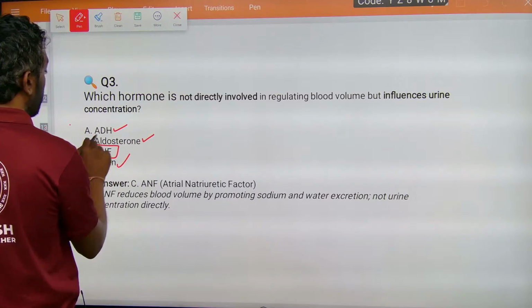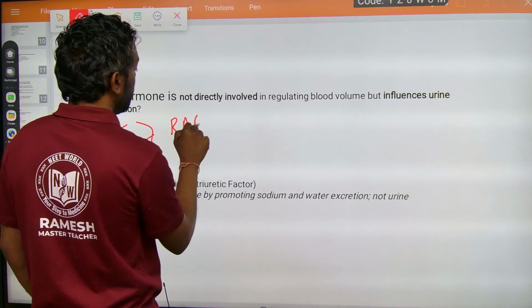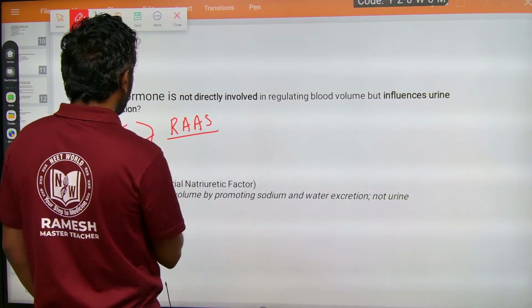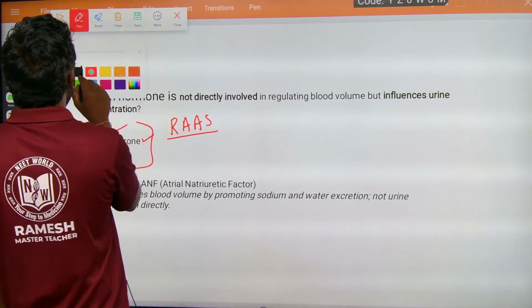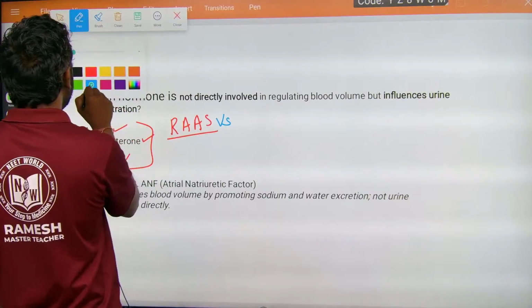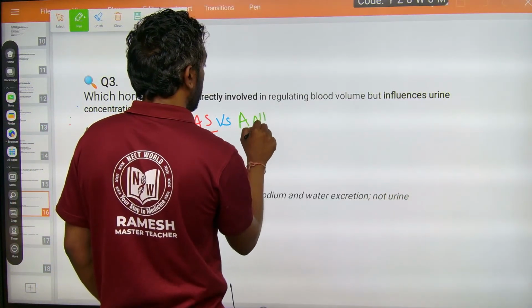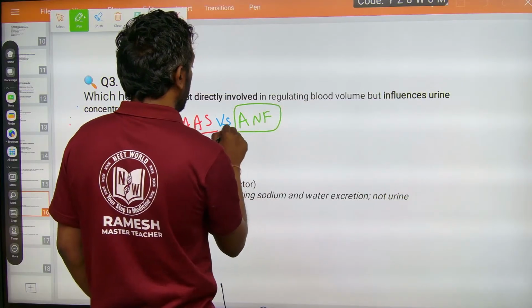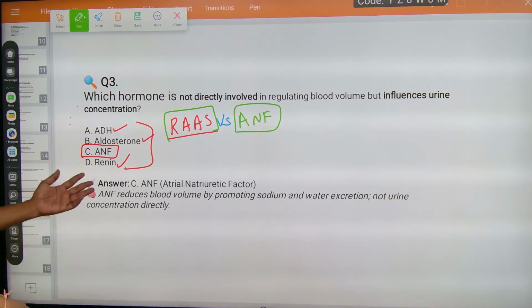ANF, these guys are the RAS mechanism. The complete opposite of RAS is ANF, okay.